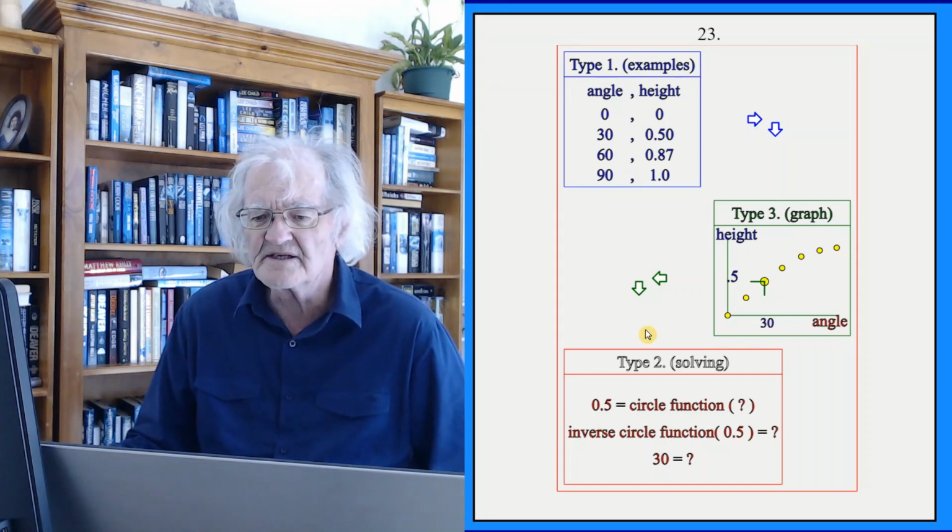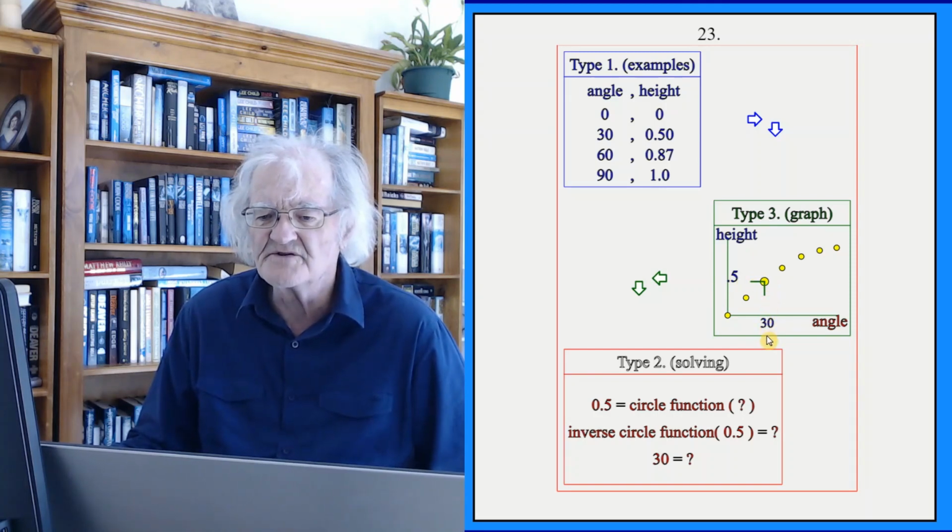Now have a look at the graph. When the height is 0.5, the graph tells us that the angle is 30. Remember, travelling this way on the graph means you are exploiting the inverse function. So 0.5 via the inverse function gives us the value 30 for the angle.